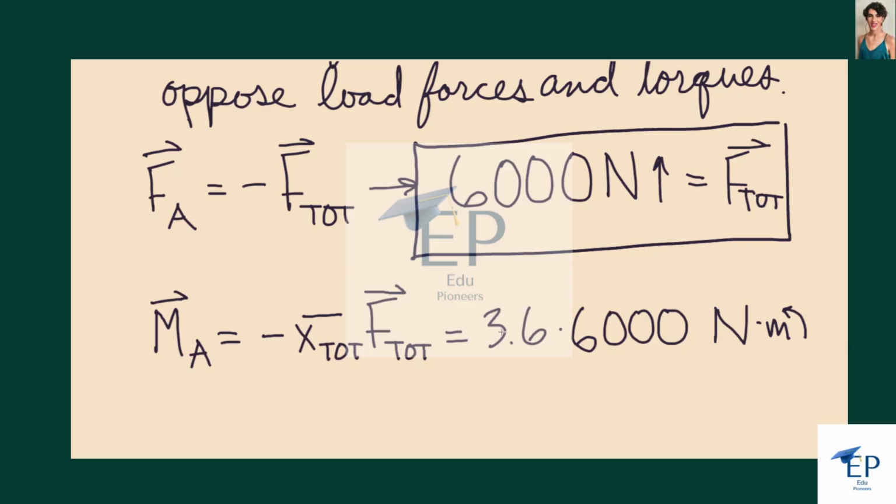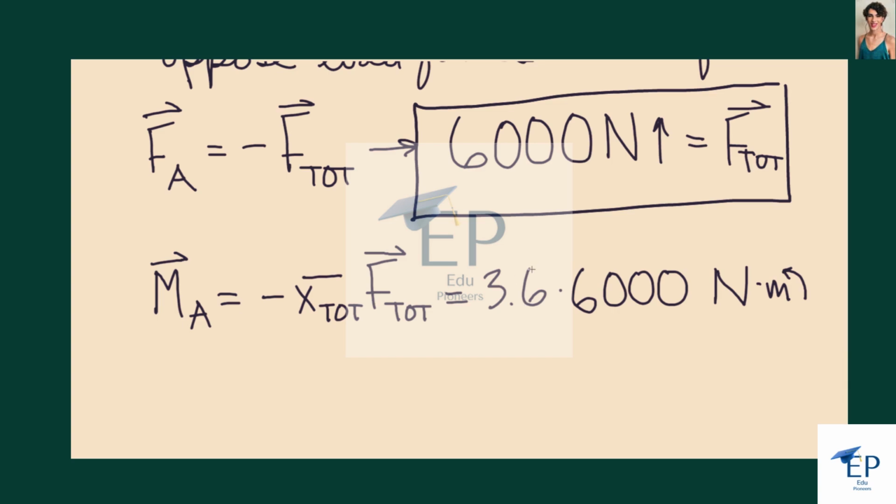So we can figure out the magnitude of this torque by multiplying the location of the centroid at 3.6 meters times the total load. And we know that the torque is exerted in the clockwise direction by the load. So the reaction has to oppose that exactly, so it will be the same magnitude in the counterclockwise direction.